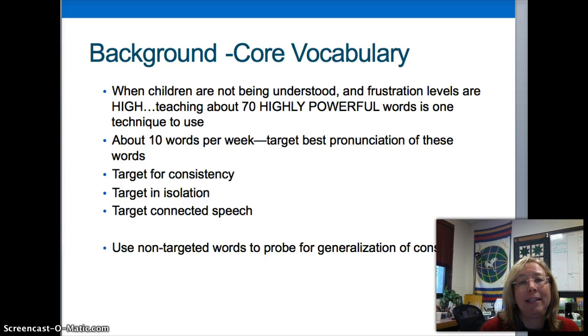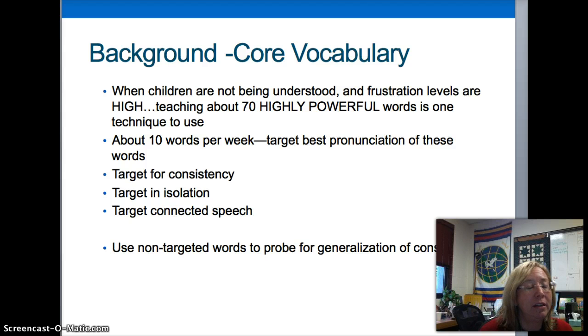So we get these cases where some children are not being understood, their frustration level is very high, and in some cases they become tantrum-throwing children who are very hard to manage or have behavioral problems. It has been found with kids who have these severe issues that if you choose 70 highly powerful words and target those words, you can really reduce that frustration and increase the child's intelligibility.